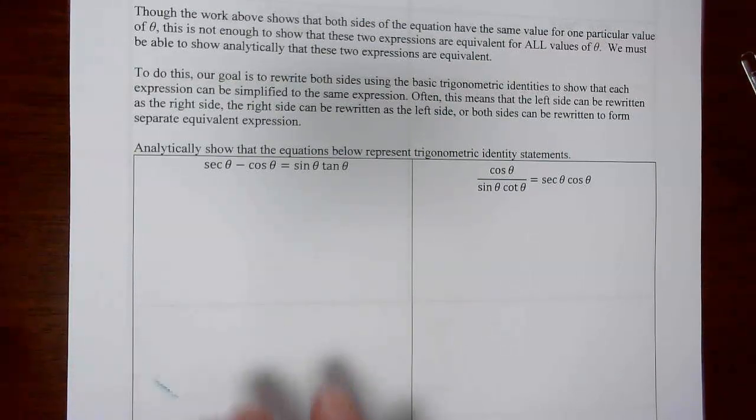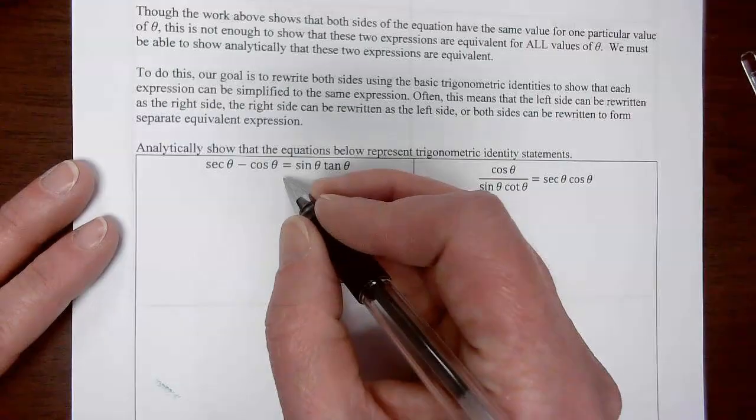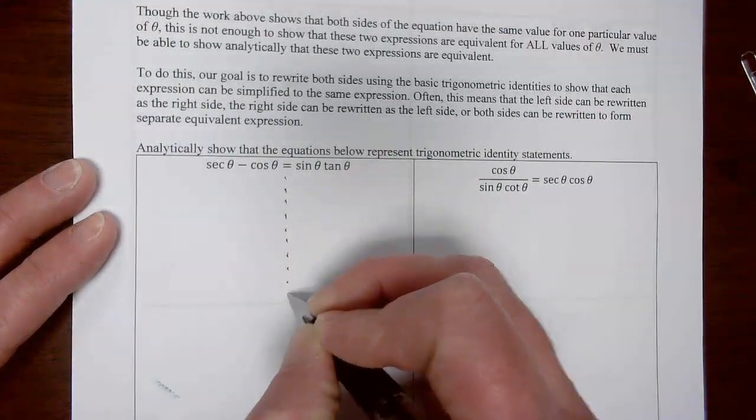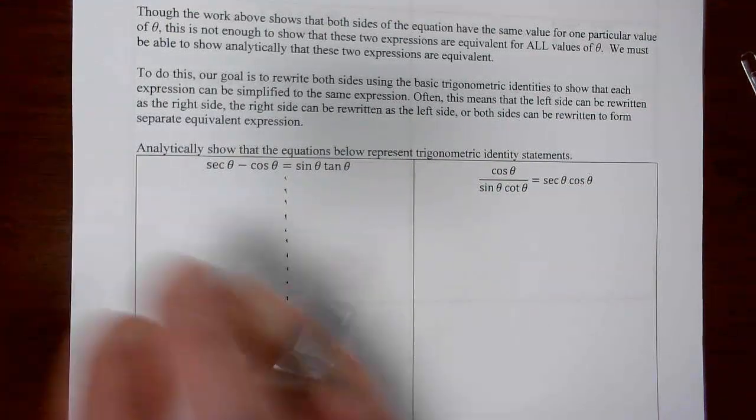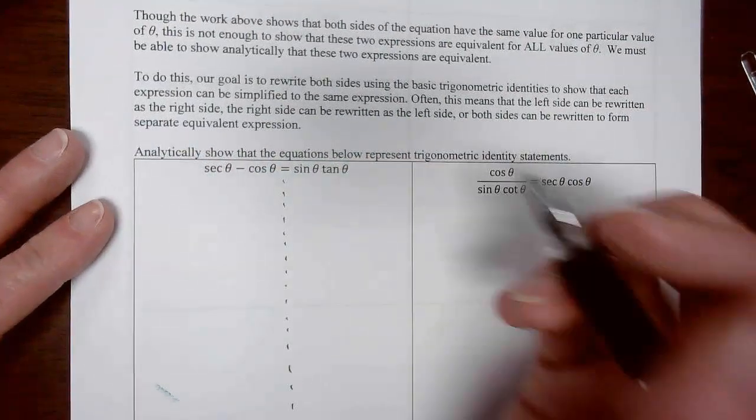You could work just on the left side, just on the right side, or you could actually work on both sides until you get them equivalent. So I'm going to draw a line down my equal side. I'm not going to cross the line, but I want to make both sides match.